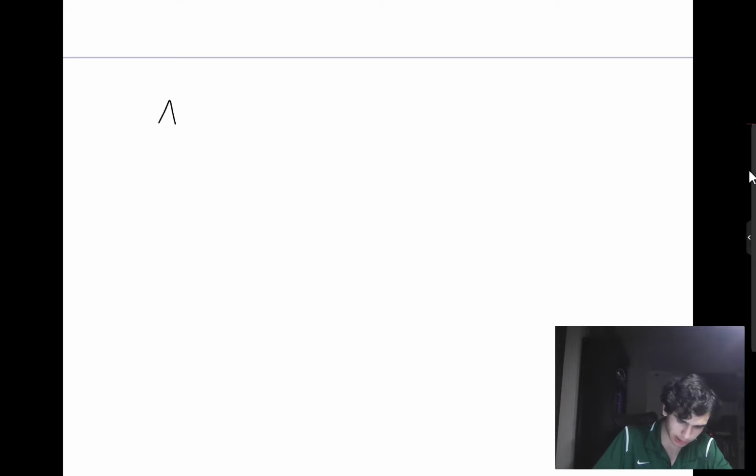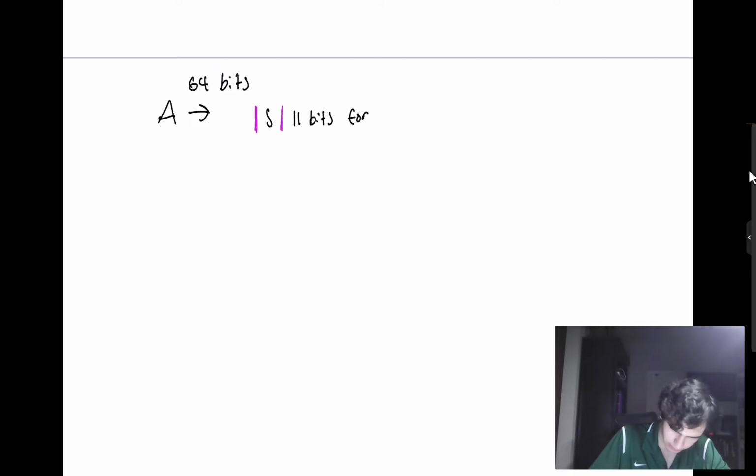So let's say we have a number A. Number A is going to be stored with 64 bits, where we're going to have a sign bit, 11 bits for the exponent value, and 52 bits for the m value.